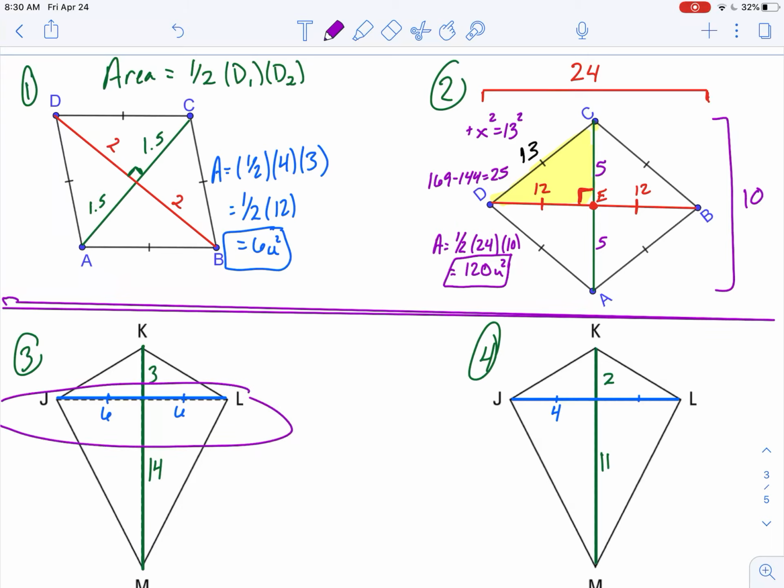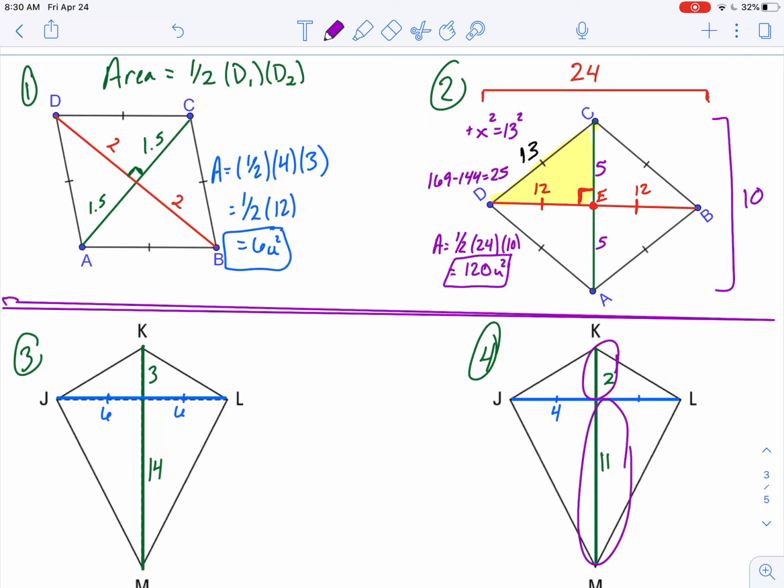And kites are kind of straightforward. I can't really do a whole lot of Pythagorean theorem with that. But what I can do is have you use your knowledge of this particular diagonal.